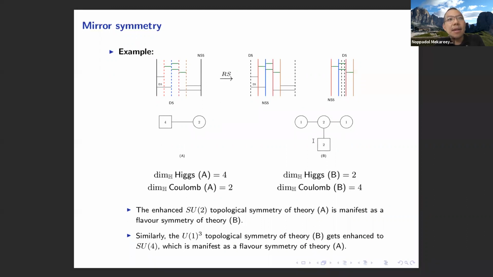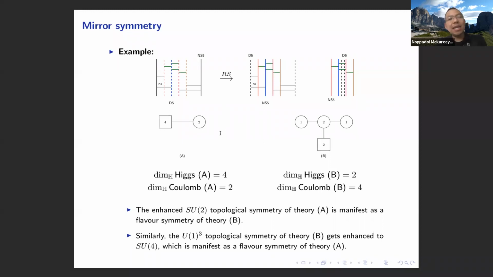And this is the dual description, which describes the same fixed point, except that the Higgs branch of A becomes the Coulomb branch of B. Indeed, if you count the dimensions, we learned that the Higgs branch of A has dimension 4, and the Coulomb branch, because the gauge group has rank 2, has dimension 2. And if you apply the same method, you see that the dimensions get exchanged.